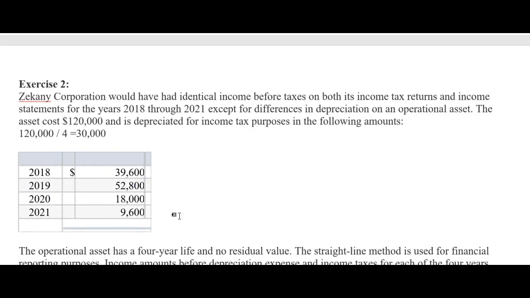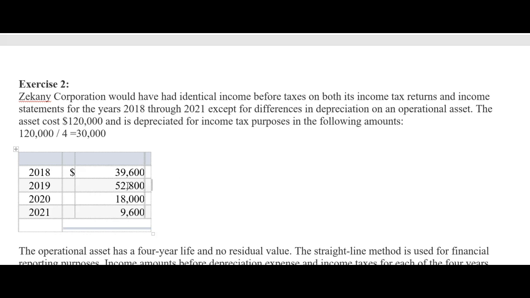How do I know? Well, notice, this year it was $30,000 for accounting purposes, $39,600 for tax purposes. This year again it would be $30,000 for accounting purposes, but $52,800. So again, we're deducting way more than what we have on our financial statements in depreciation expense.